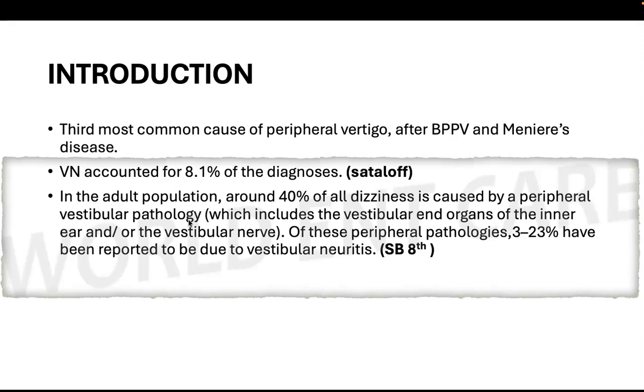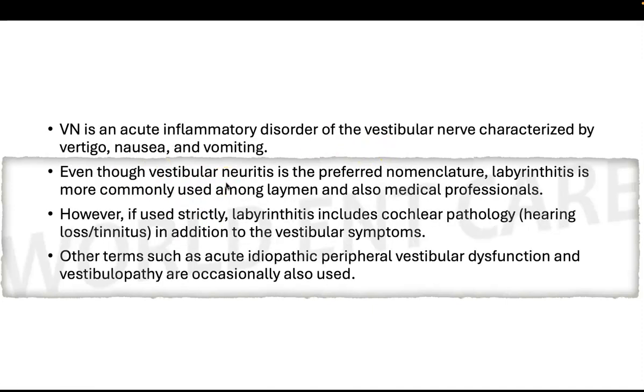And of these peripheral pathologies, 2 to 23% have been reported to be due to vestibular neuritis. So as per Scott Brown 8th edition, it is 2 to 23%, and as per Sataloff, it is 8.1%.